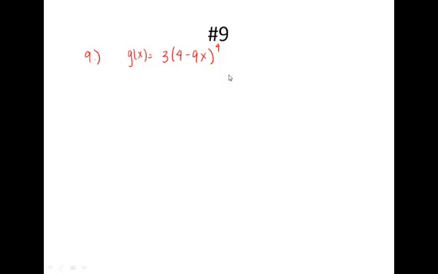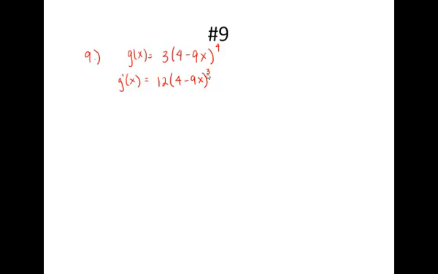For number 9, all we're going to be doing is finding the derivative. So I'm first going to do the fluid motion, and then I'm going to break it apart. The most fluid motion would look like this. If you wanted to find the derivative of g of x with respect to x, you're going to first derive around this inner function. So recognize this was your inner function. You basically have 3 times u to the 4th, and we're going to just bring down that power, multiply it to that scalar. So we're going to get 12 times 4 minus 9x.